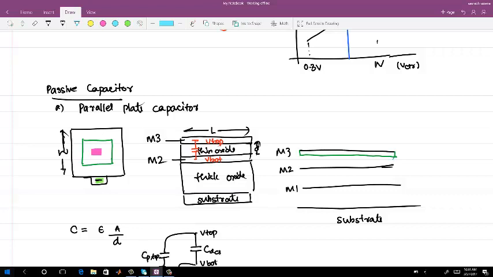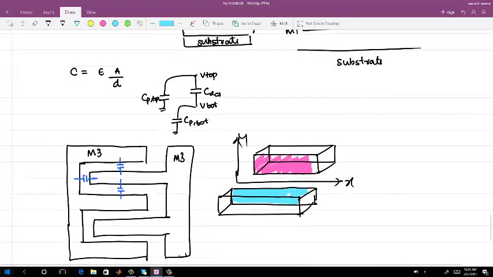You can only have it when they couple with each other, right, at the same level. And the coupling depends on the area which they are having, which is actually your T times the length.